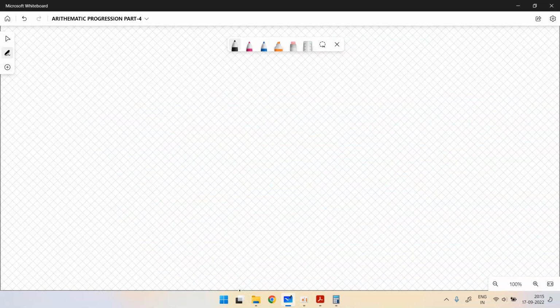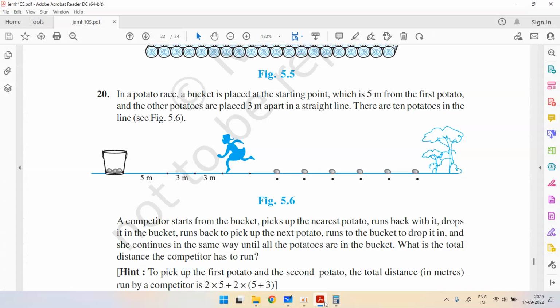So what it says is that there is a potato, potato, and potato. A huge number of potatoes are there. How many? The number is given to be 10 potatoes.